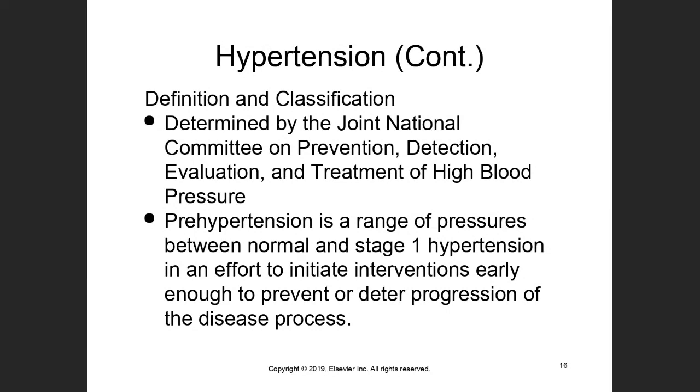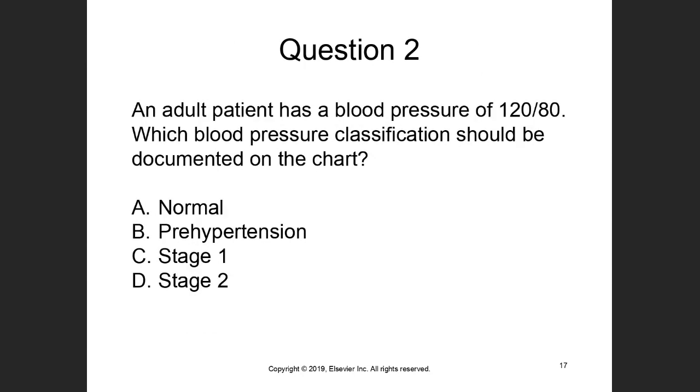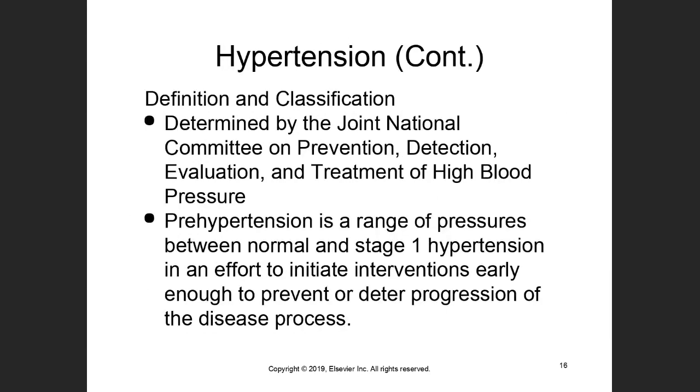Definition and classification determined by the Joint National Committee on Prevention. Hypertension is a range of pressure between normal and stage 1. We are going to see. Okay, let me explain. Normal blood pressure is when the blood pressure is under 120/80.